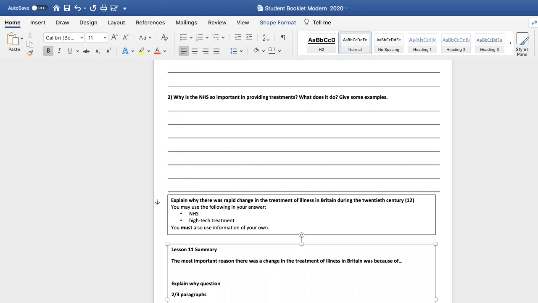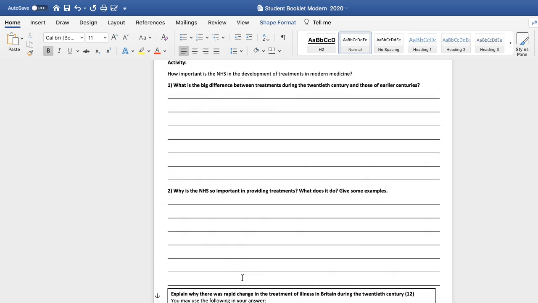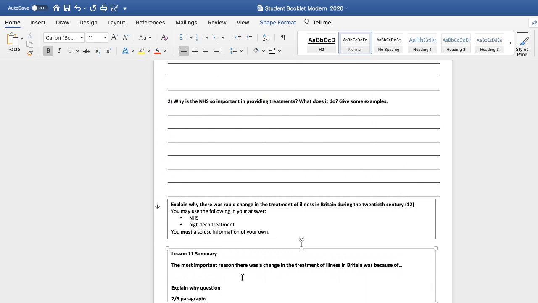All those factors that you would have seen in your history classroom near the board. What are the factors, and what factors contribute to that rapid change in treatment anyway? And once you have finished, that is lesson 11 done. Thank you.